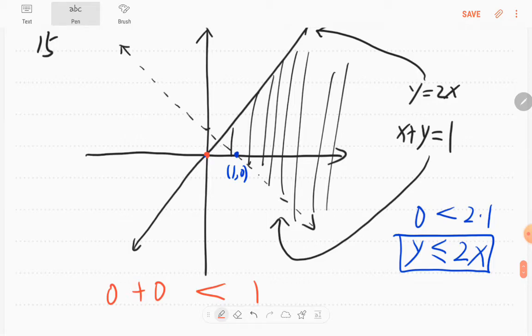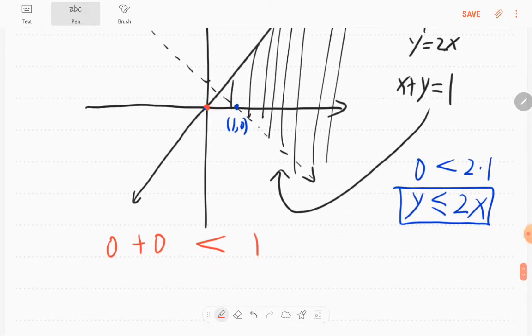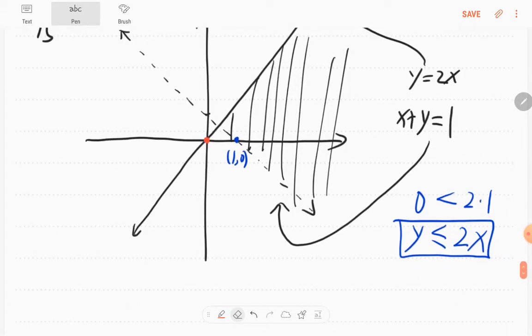Okay, sorry, we don't use the (0, 0) point, we use another point. If you use (0, 0), of course it will still work, but it will confuse yourself.